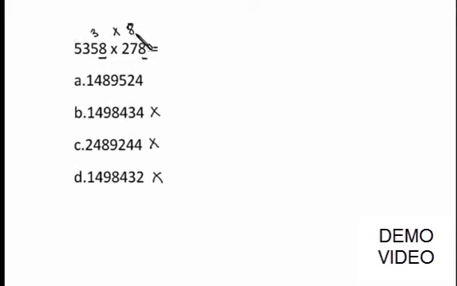So 3 8s are 24. So digital root is 6, right? Now just see, in this case let's first of all eliminate 9s. So 5 plus 4, 9 is gone, 8 plus 1, this 9 is gone. So it's 4 plus 2, 6. So digital root is also matching. So this is the correct choice.